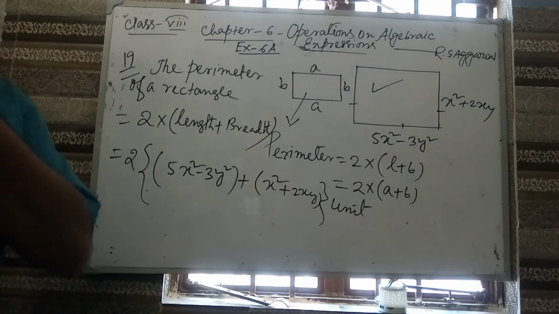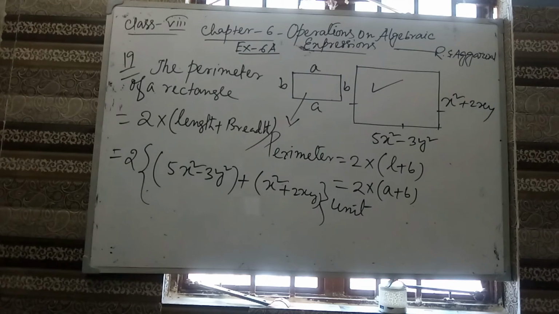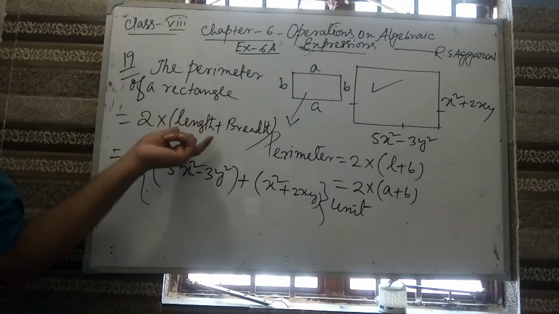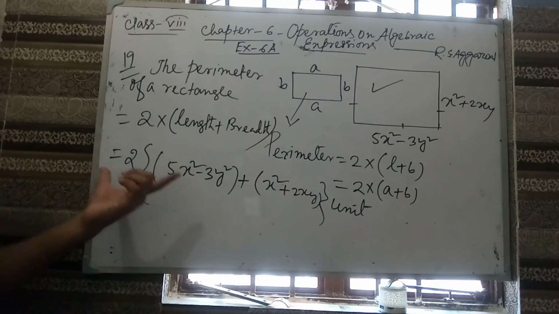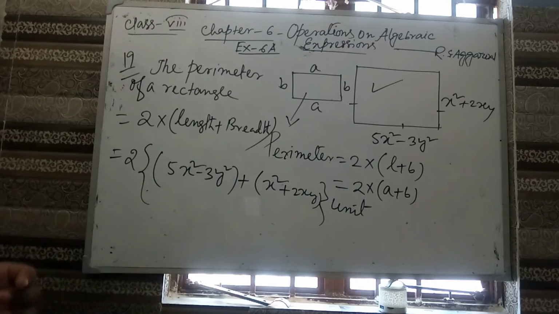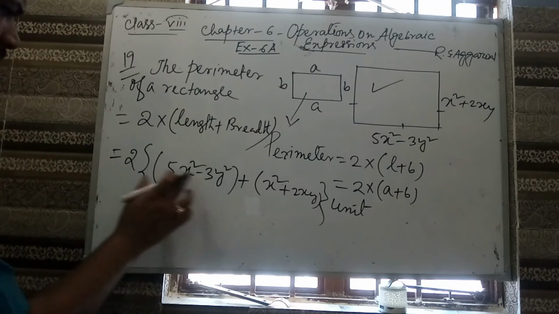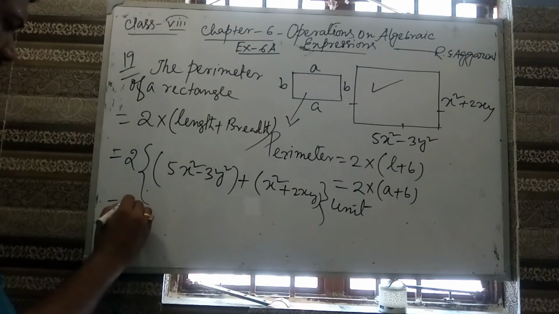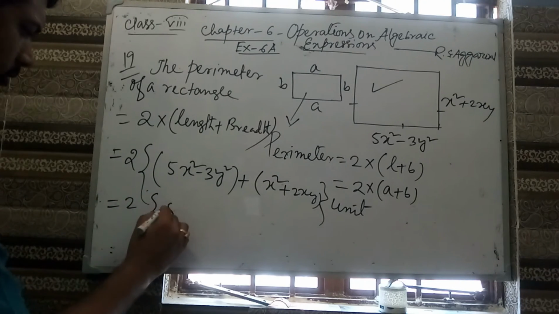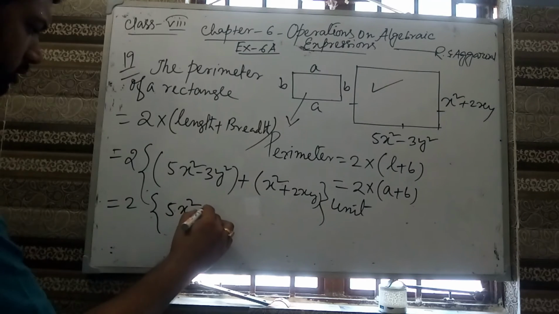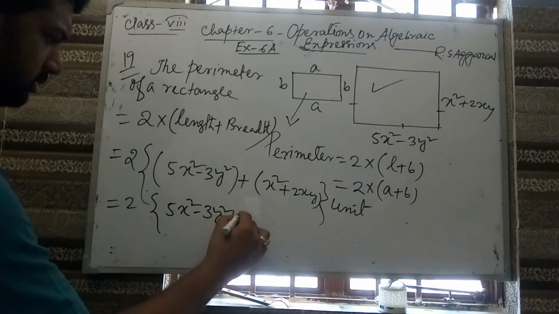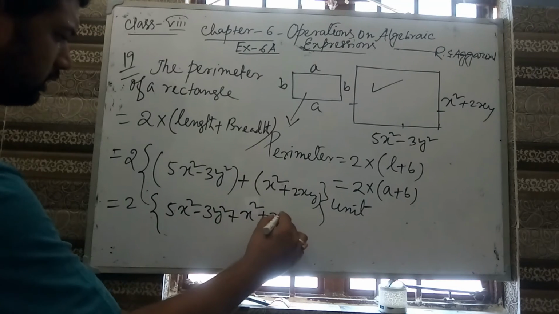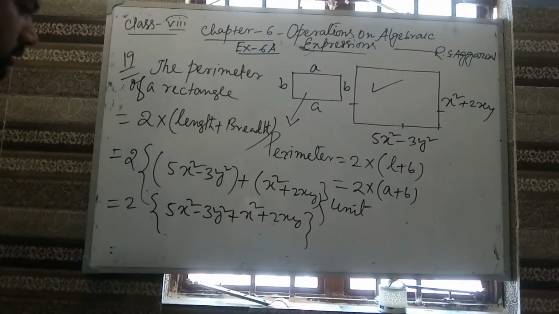We can convert it into meter or whatever, but if length and breadth are in centimeter, then the perimeter will also be in that unit. So 2 into this one plus this one, calculate. Omit the first brackets, 5x square minus 3y square. Then plus into this one, that means x square plus 2xy.